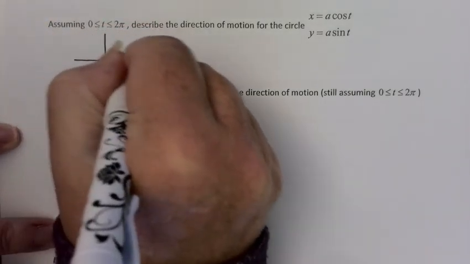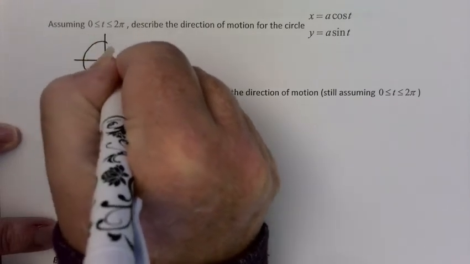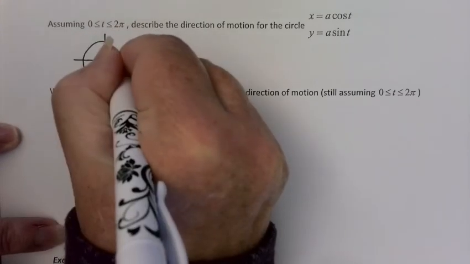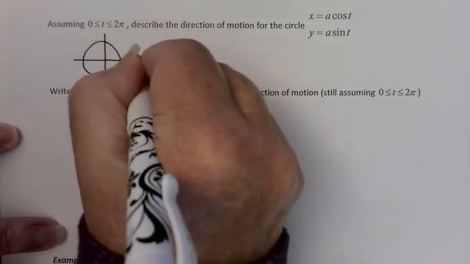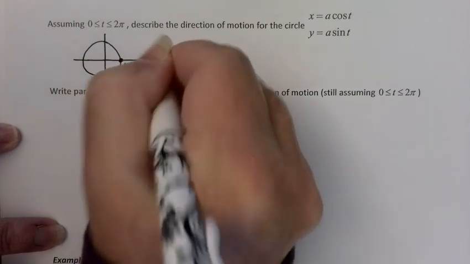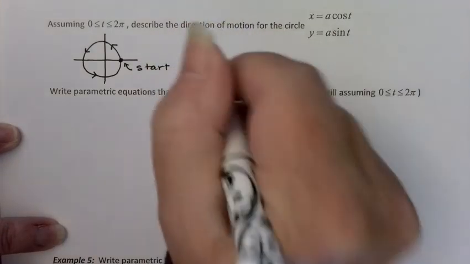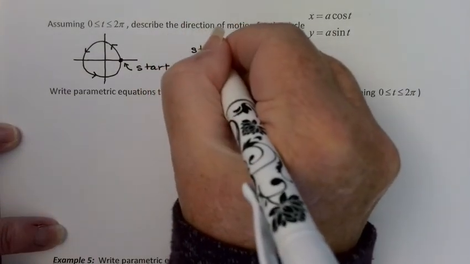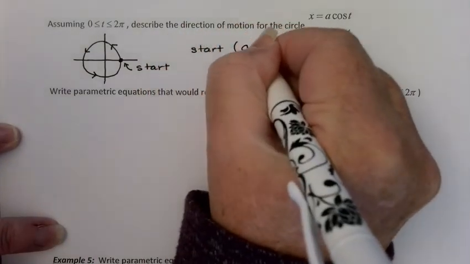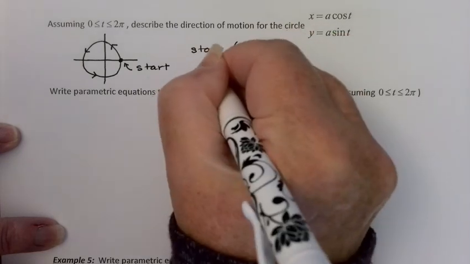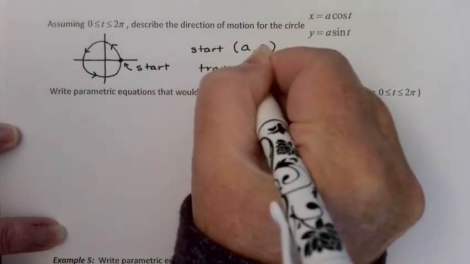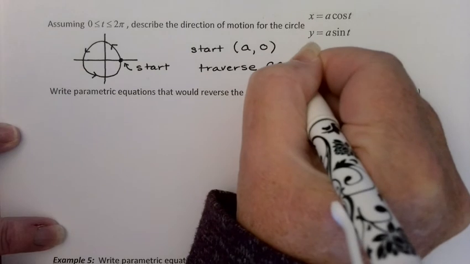Specifically, our starting point was here on the x-axis, and then we traveled around counterclockwise. So we started at (a, 0) and traversed counterclockwise.